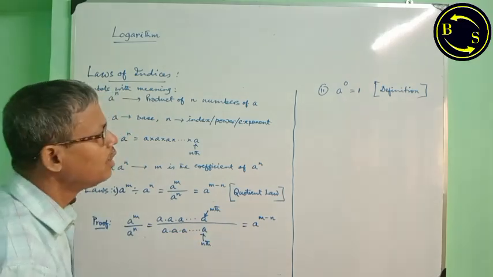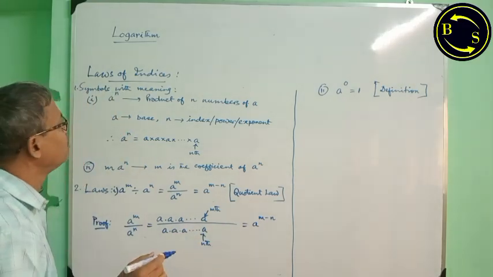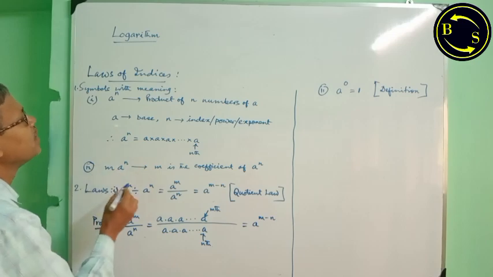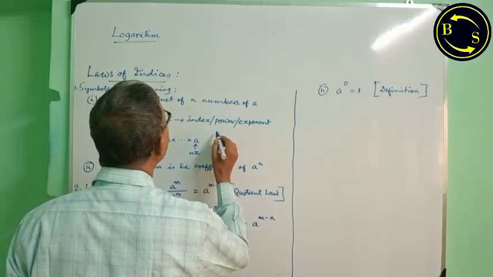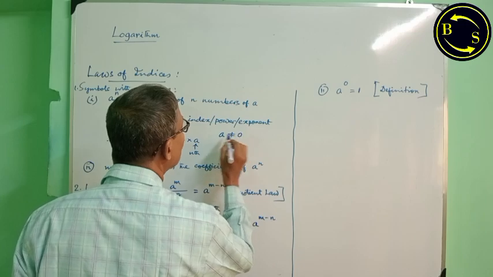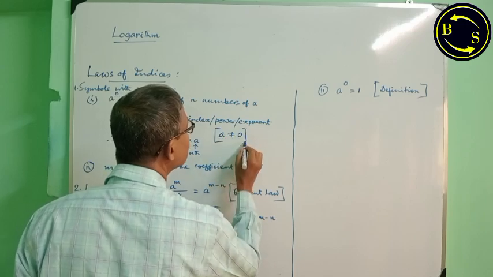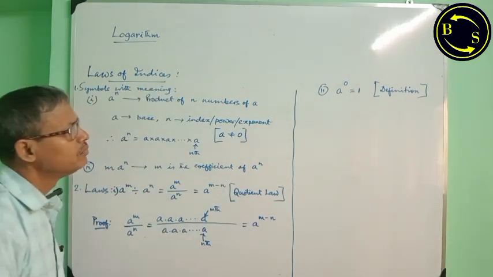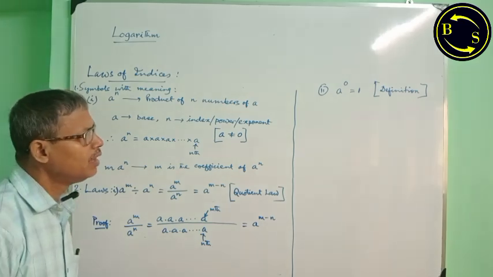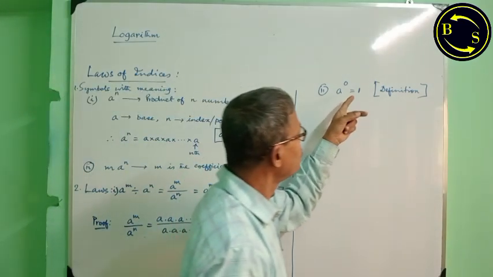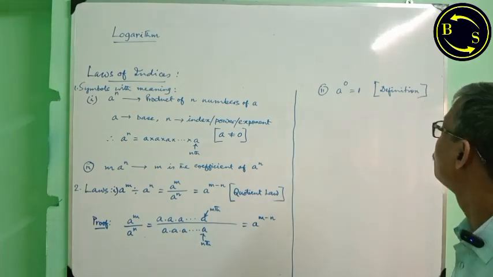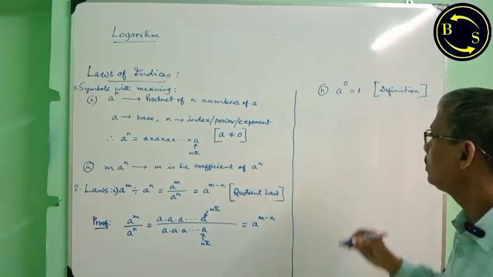One thing that is to be mentioned: when a is the base, a is never 0. Note this one. a is non-zero.